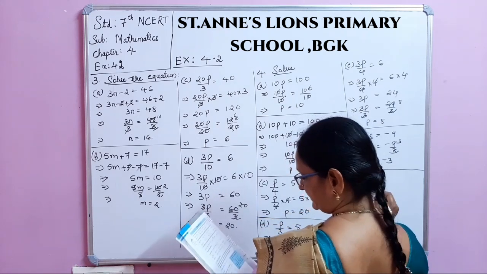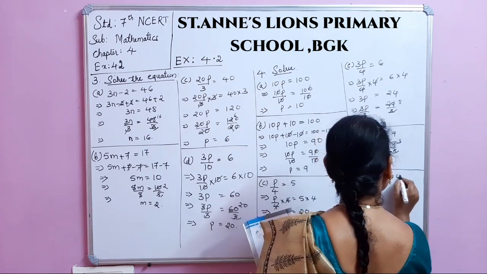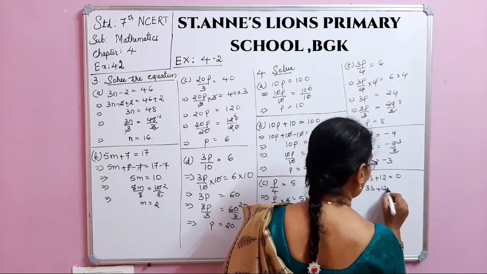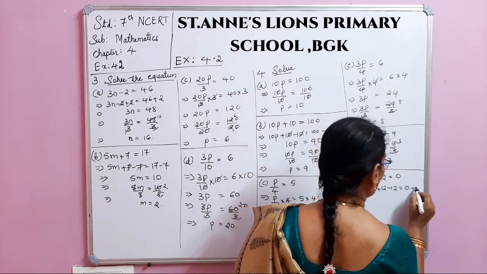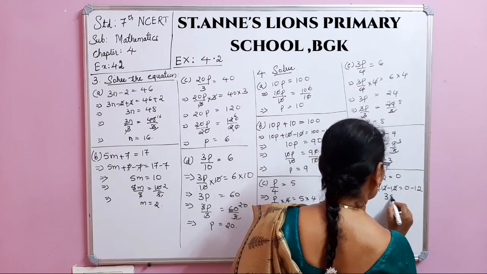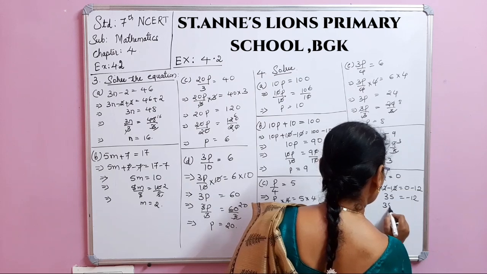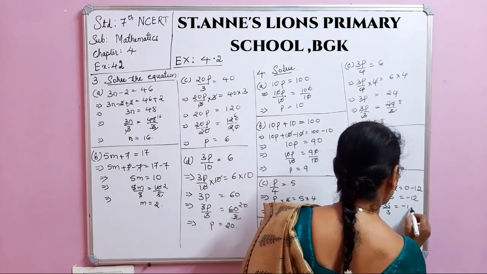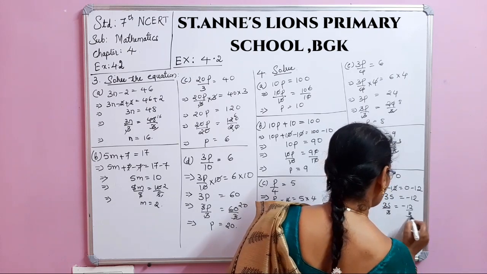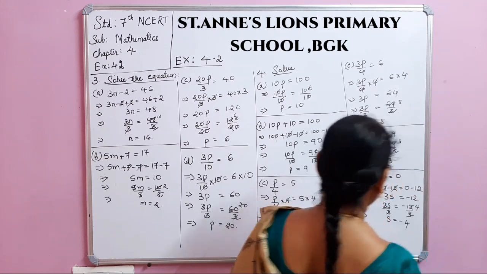Next, g. 3s plus 12 is equal to 0. 3s plus 12 minus 12 is equal to 0 minus 12. So 3s is equal to minus 12. 3s by 3, minus 12 by 3. 3 ones are 3, 3 fours are 12. s is equal to minus 4.